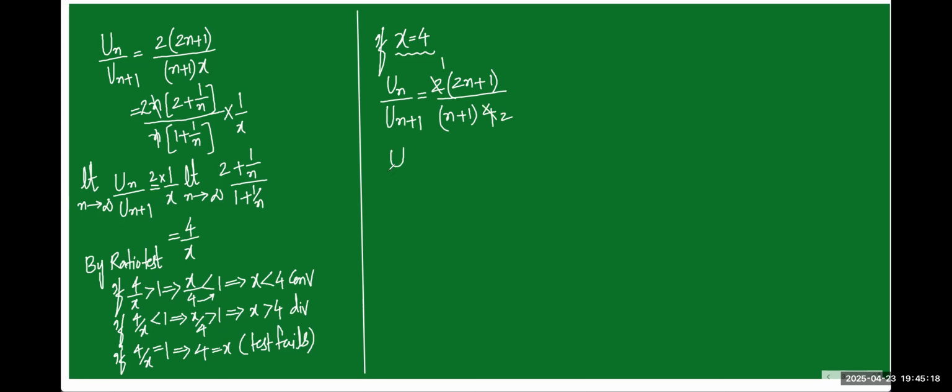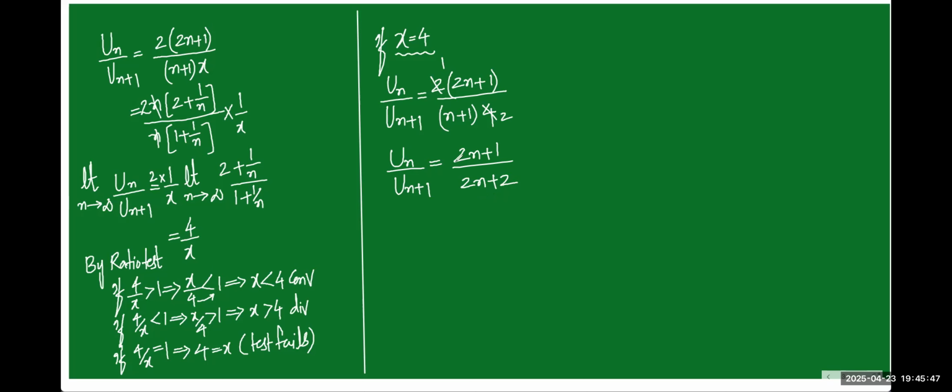Un by un plus 1 is equal to 2n plus 1 in the numerator, and the denominator will be 2n plus 2, actually because we are multiplying. Now you see, if you apply the limit, the ratio test fails. That is why we have to apply Rabi's test directly.